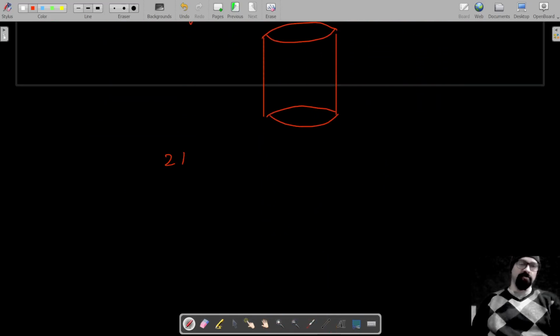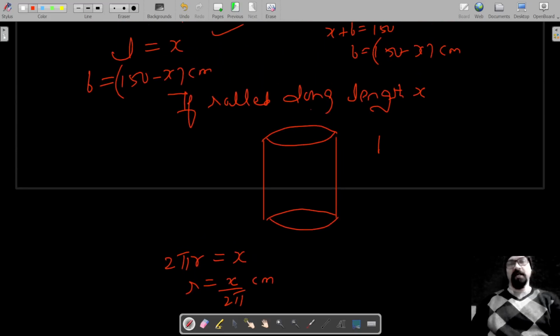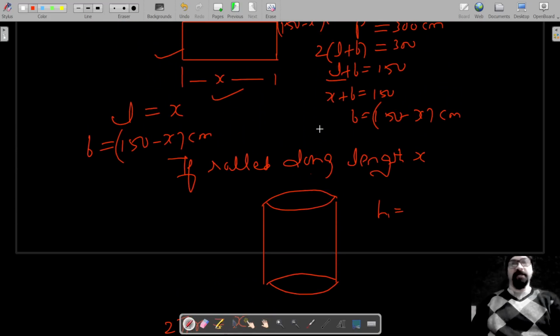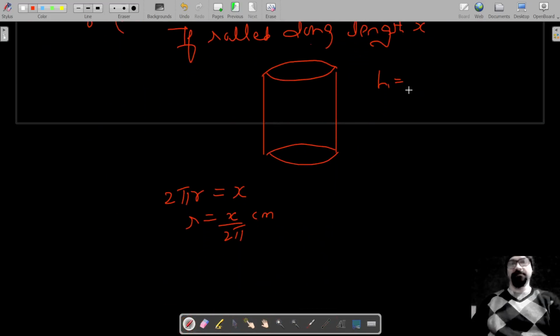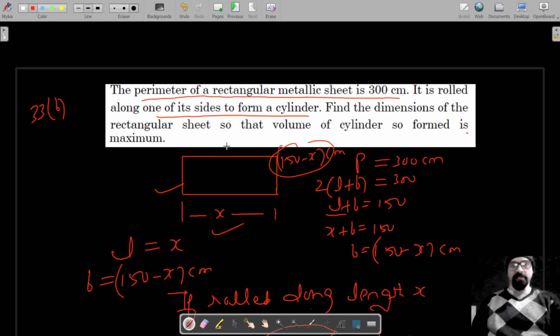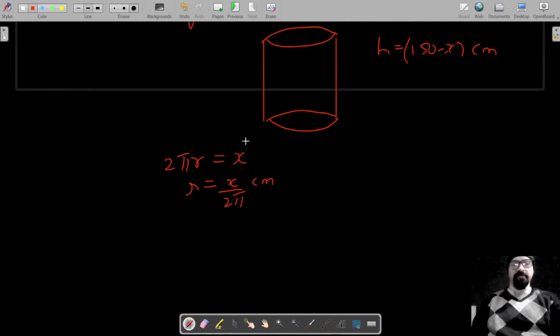So that means 2 pi r is equal to x, which gives me r is equal to x upon 2 pi centimeter. And the height of this cylinder becomes the breadth. So this will be the height, 150 minus x centimeter.